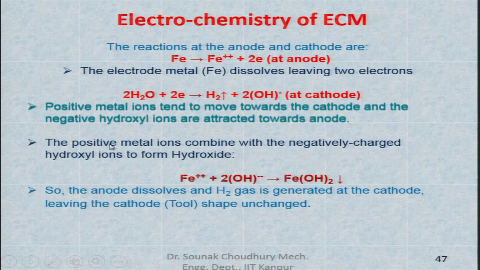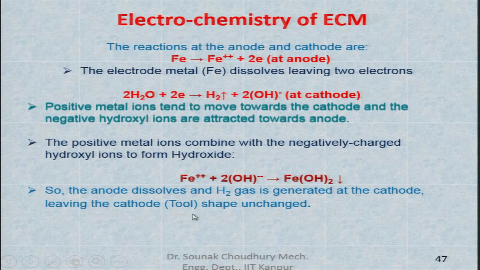The positive metal ions combine with the negatively charged hydroxyl ions, and they will form ferrous hydroxide. That ferrous hydroxide will precipitate. All right. So, the anode dissolves in terms of ferrous ions and finally ferrous hydroxide, as you can see here.